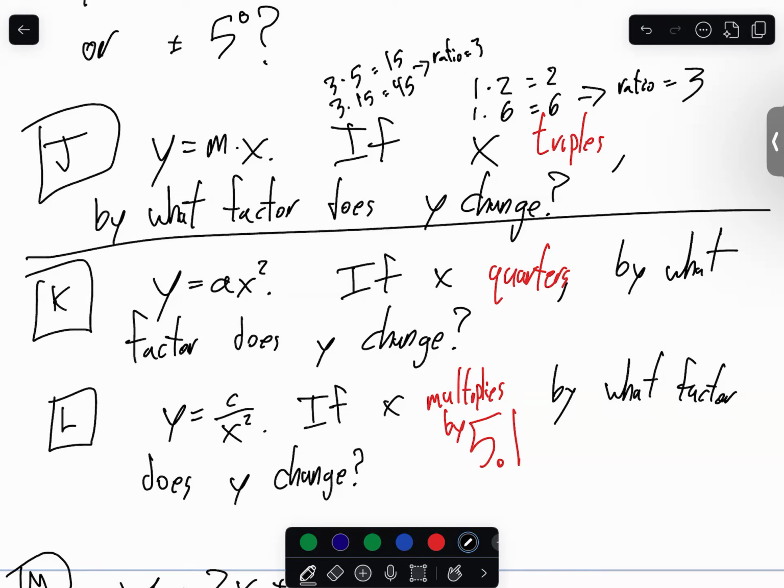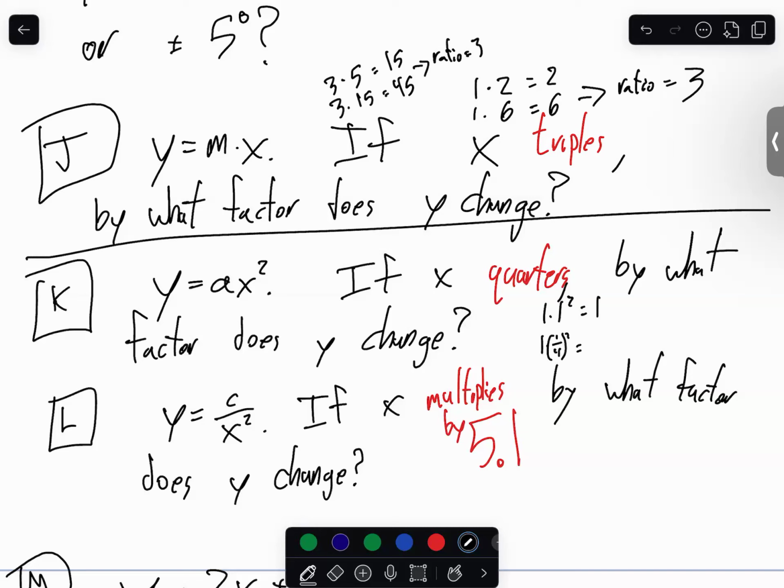I choose A to be 1. I quarter x. Well, I need an initial value for x. Let's start out with A equals 1 and x equals 1. 1 times 1 squared. Ooh, tough one. If I quarter x, what do I get?